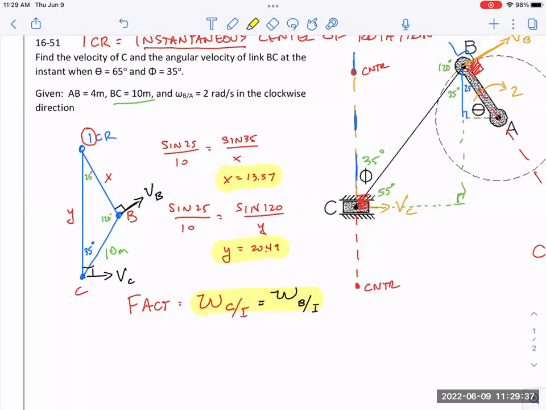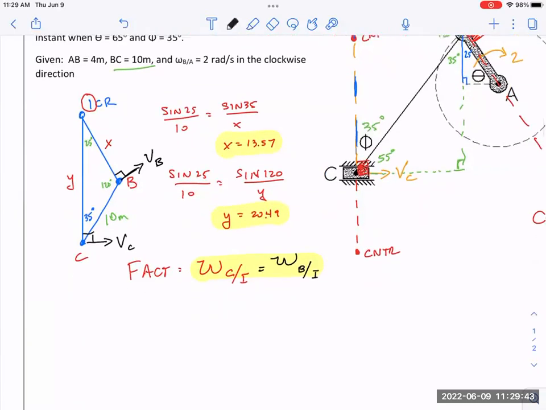So let's consider that for a second while you get your mind around this concept. And remember the other fact that we have been using the last couple of days, that the linear velocity of something is equal to the angular velocity multiplied by whatever the radius is.